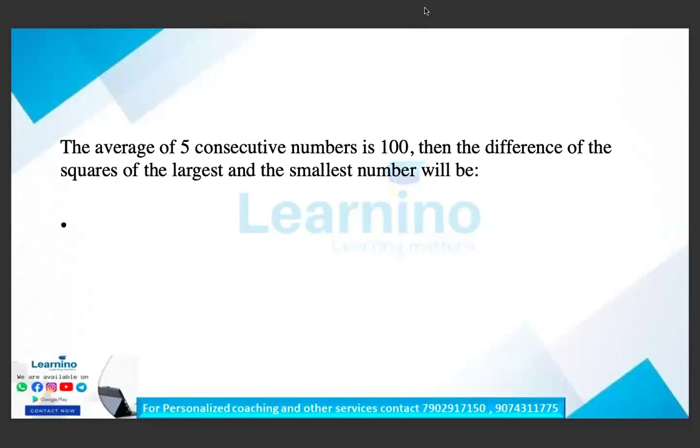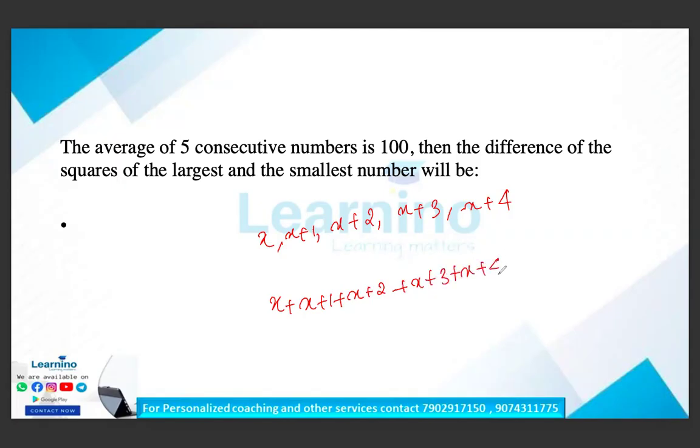So take the numbers x, x plus 1, x plus 2, x plus 3, x plus 4 respectively. x plus x plus 1 plus x plus 2 plus x plus 3 plus x plus 4, divided by 5, is equal to 100.